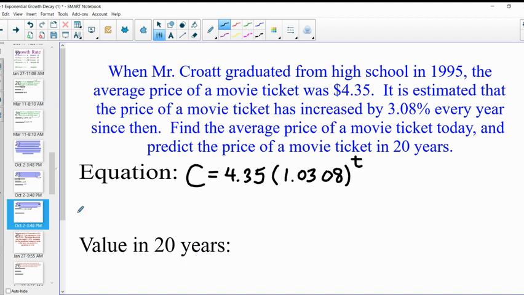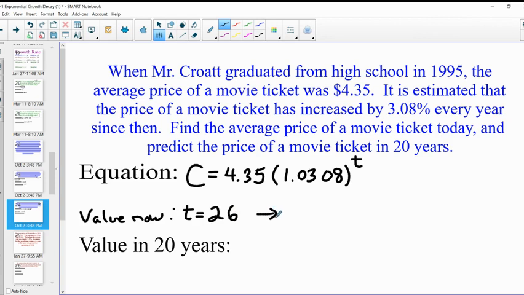I guess I don't have a spot for our value now, so I'll add that: the value of a movie ticket now. Well, I'm going to plug in T equals, if 1995 is year 0, then 2021 is 26 years. I know this because I just went to my 26th year anniversary or class reunion a few months ago. And so the number of years that we're talking about is 26 years.